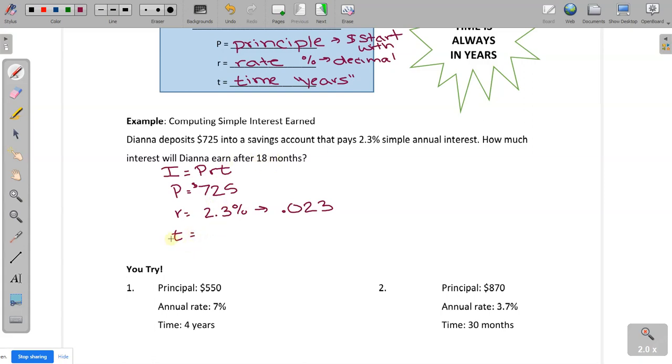Time, we are given 18 months. But we need to change 18 months into years. So we're going to take 18 and divide it by how many months are in a year, and that is 12. So if we do 18 divided by 12, we are going to get 1.5 years.